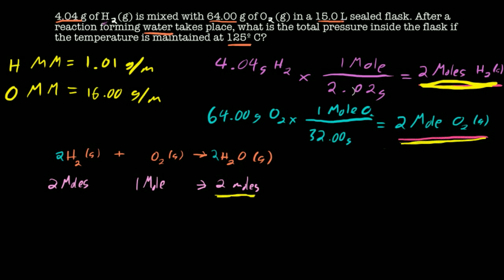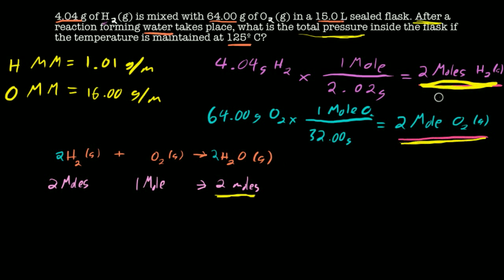So after this reaction takes place, we want to know what the total pressure is inside of our flask after the reaction. We need to know how many moles of gas we have after the reaction. You can think that all 2 moles of our hydrogen gets used up, and then half of our oxygen gets used up.